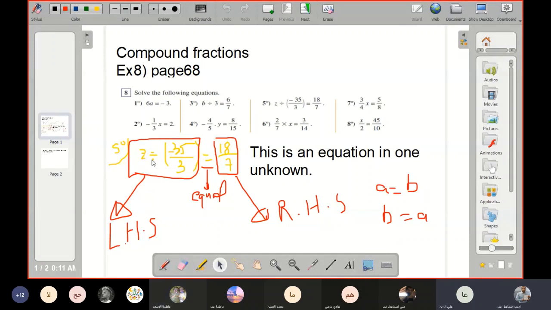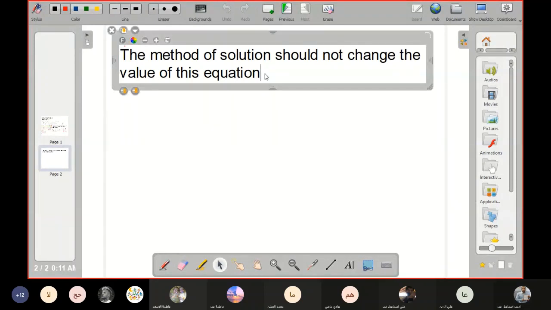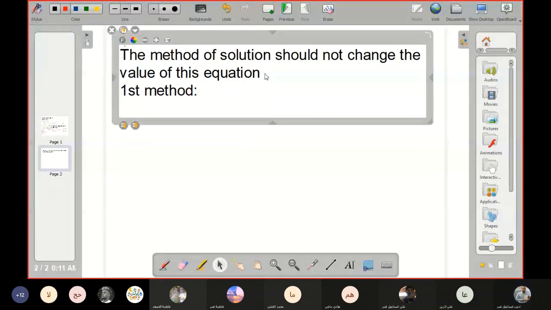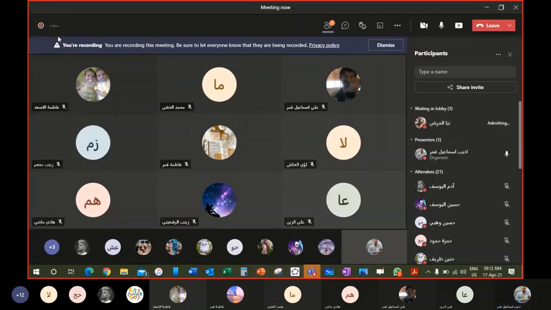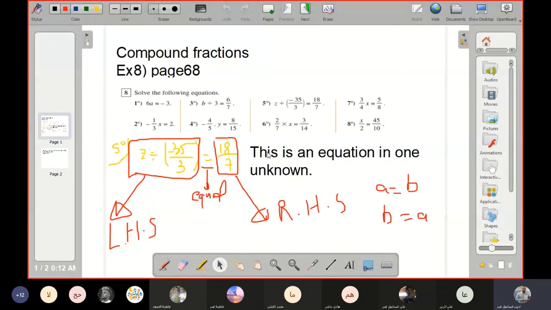To multiply. So the first method: I take this fraction to the other side, but I change the over into multiplication.